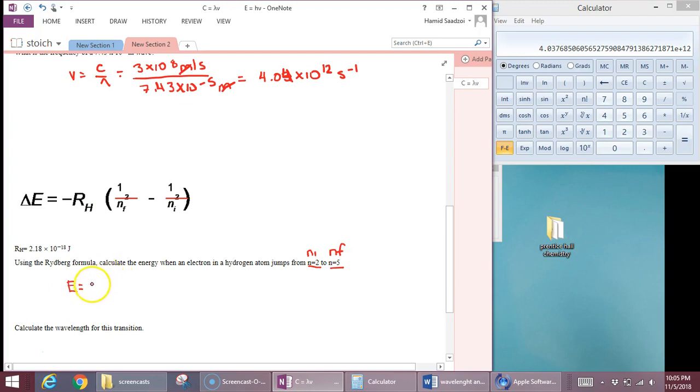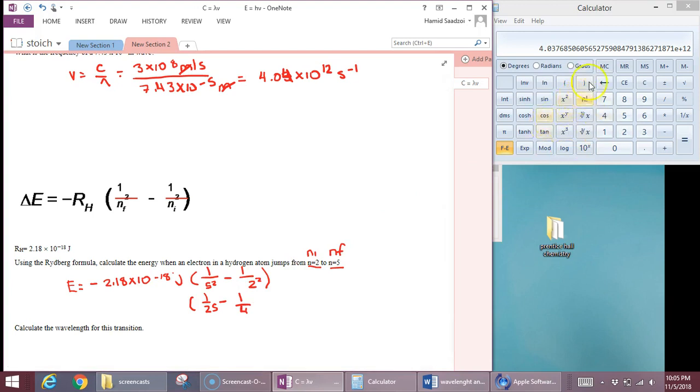So negative RH is negative 2.18 times 10 to the negative 18 joules. Multiply that by 1 over NF squared, which is 5 squared, minus 1 over 2 squared. So simplifying the numbers in here real quick, this is 1 over 25 minus 1 over 4.